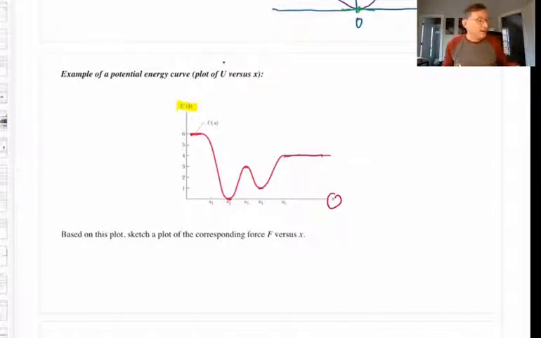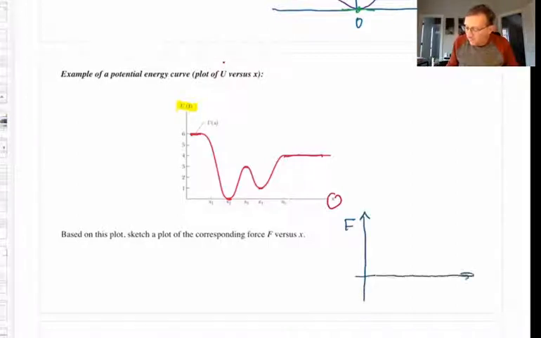So that's a pretty interesting potential energy curve. Here's the first thing I want us to do, and I want you to try this on your own. You can pause the video so you can think about it. I want you to make a sketch of the corresponding force versus x plot. If I plot force versus x that goes with this potential energy curve, what would it look like?